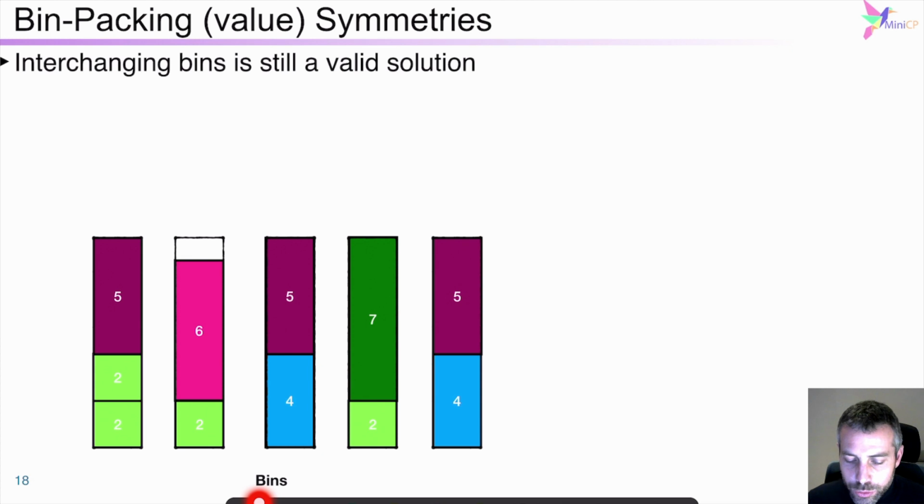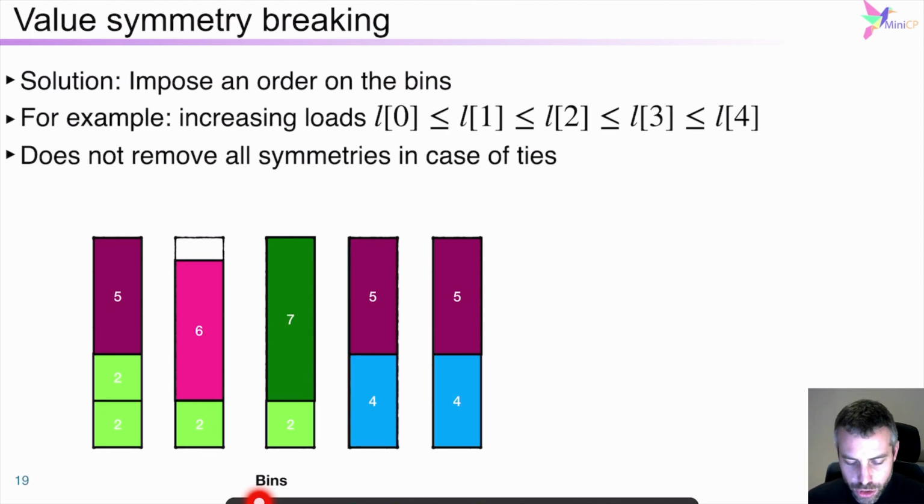So how do we avoid these value symmetries? Because we do not want to explore symmetrical search space. One possibility, quite easy to put in practice, is simply to add constraints. I can, for instance, impose a total ordering on the bins, and I can do that on the load variables. I can say that the load of bin 0 is less than or equal to the load of bin 1, less than or equal to the load of bin 2, and so on.